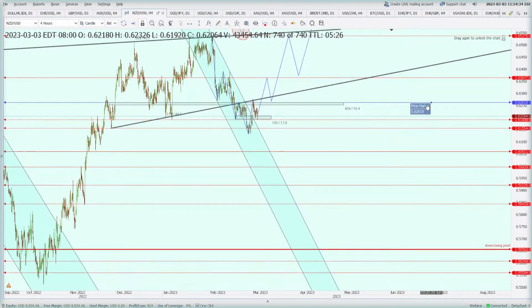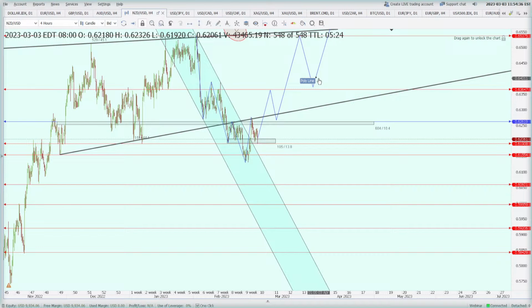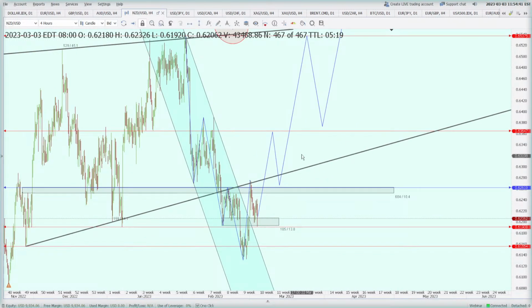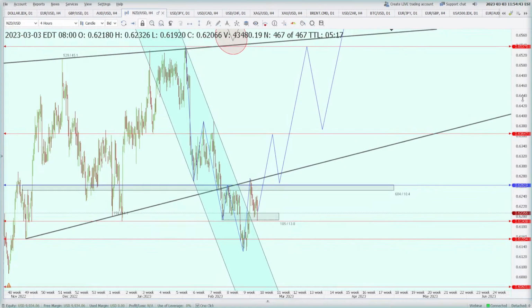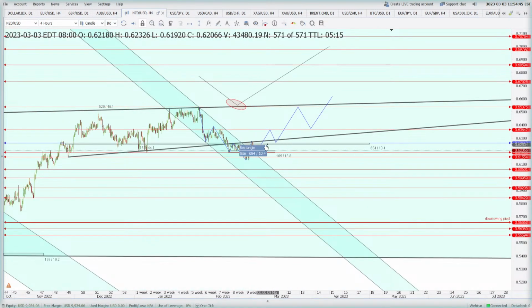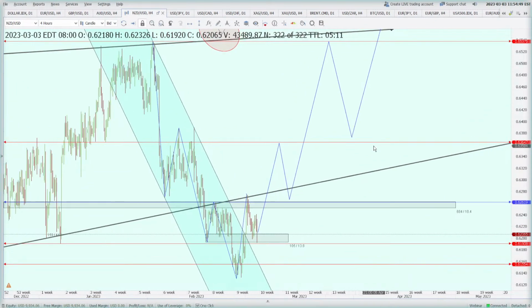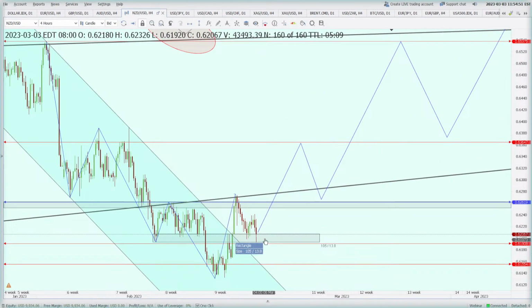You can book, scale in, scale out, whatever you want to do. You can increase or decrease your position size so that you get maximum out of this move which we are anticipating here. We are anticipating a move, but we are not anticipating a buy here. Okay, so keep this in mind.